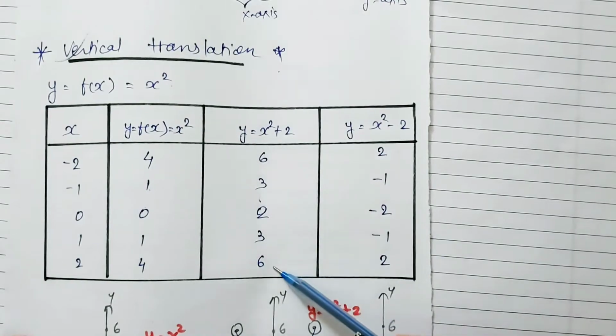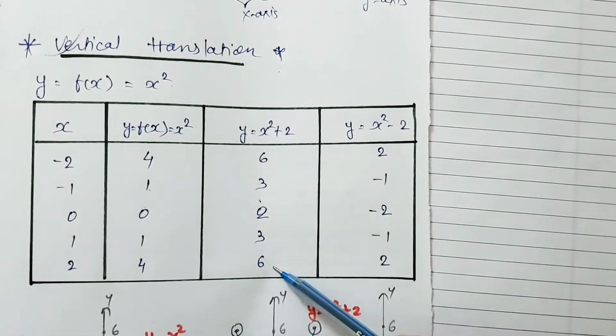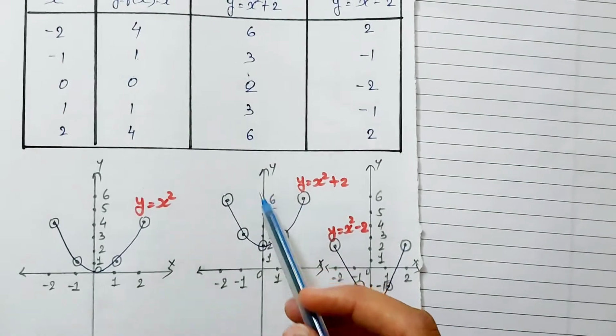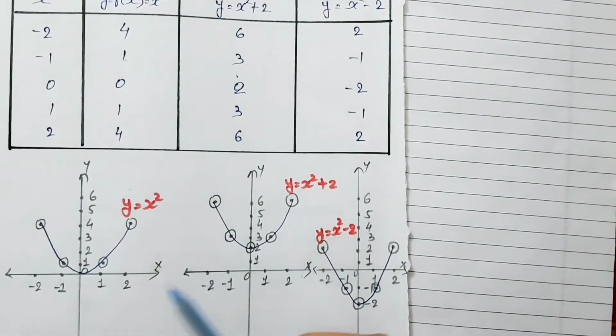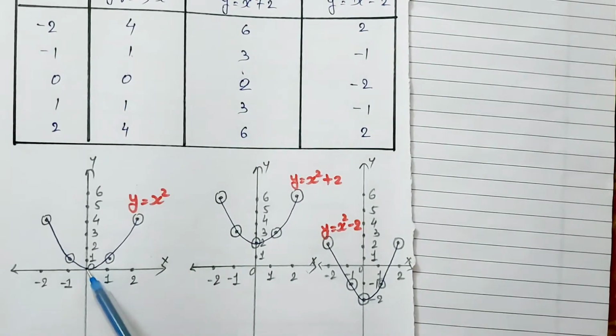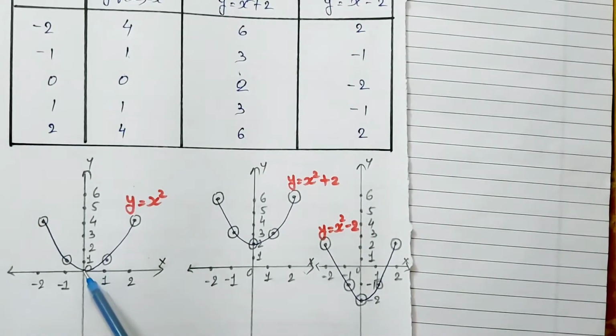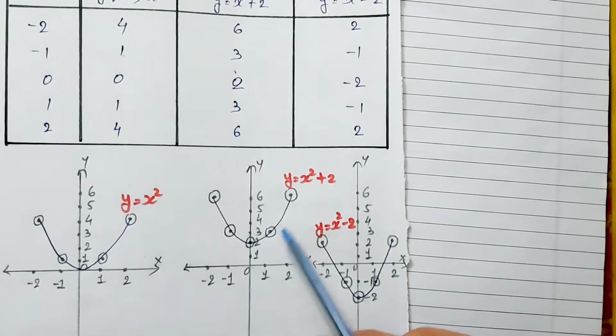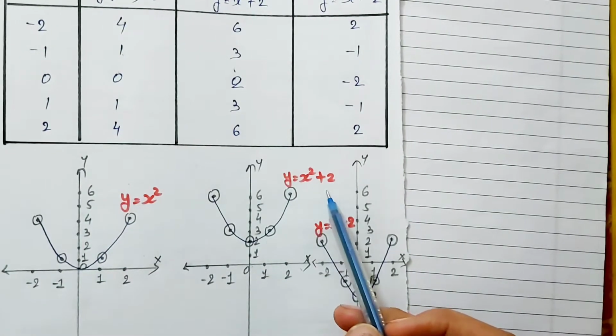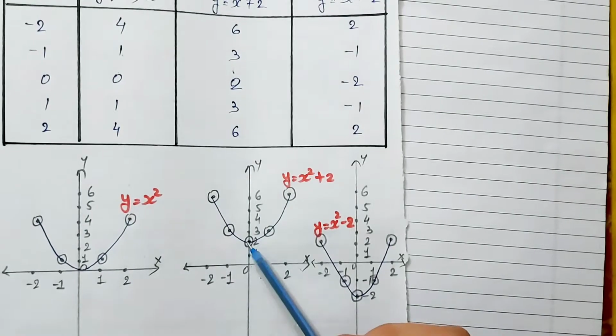I get these values, so let me go ahead and graph them. The graph looks like this. I hope you can see that initially the vertex was touching the origin. Now it is at (0, 2).